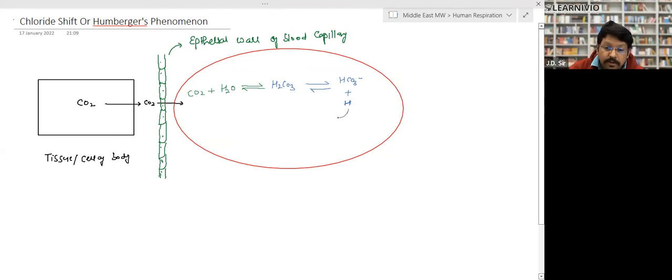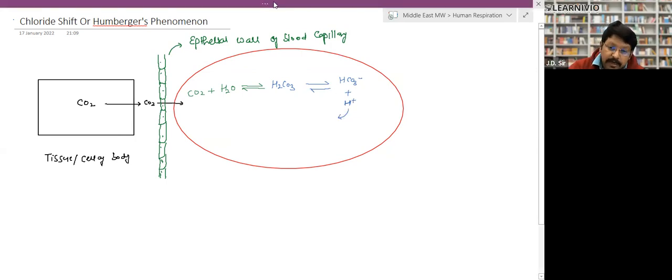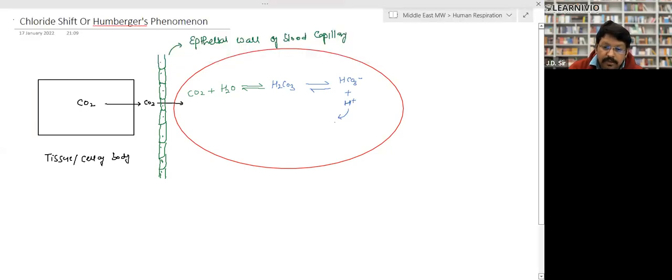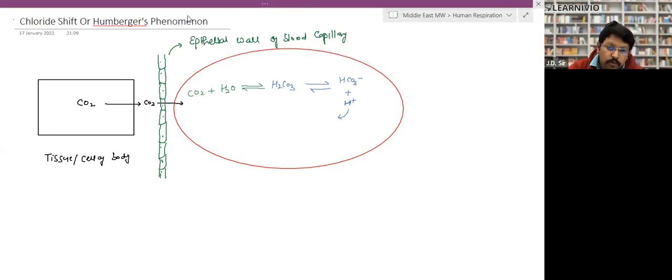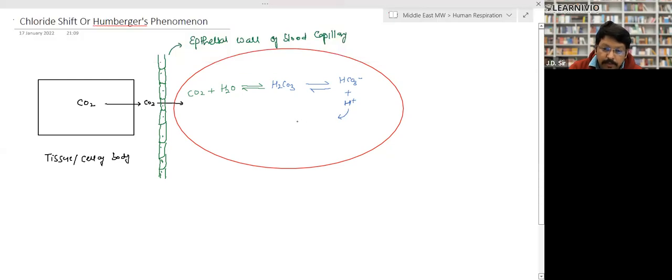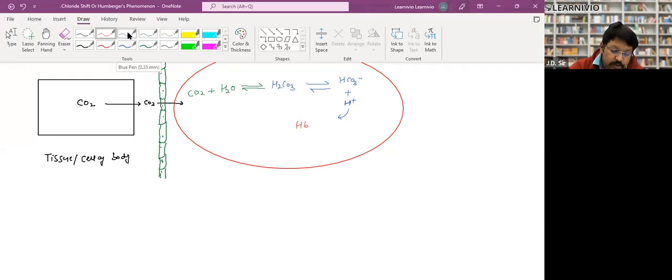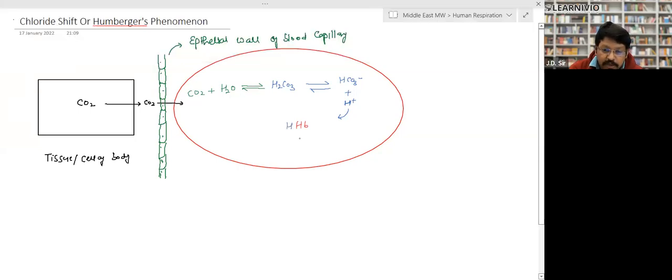This hydrogen ion will remain inside the cell, inside the RBC. This hydrogen ion will combine with the hemoglobin. So now the hydrogen ion is going to combine with the hemoglobin, and this is hemoglobin. Along with the hemoglobin, the hydrogen ion will form HHb, right? HHb is a compound. So this hydrogen meets with the hemoglobin and forms HHb.